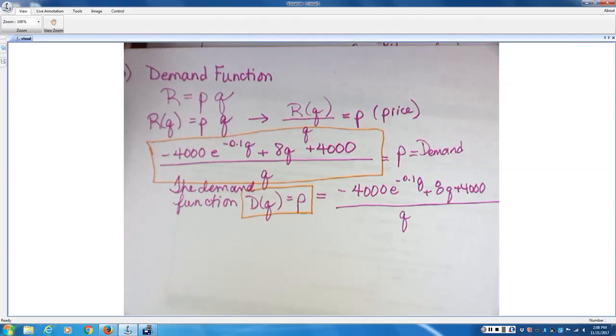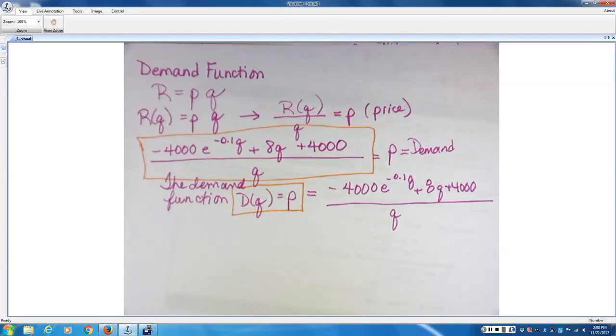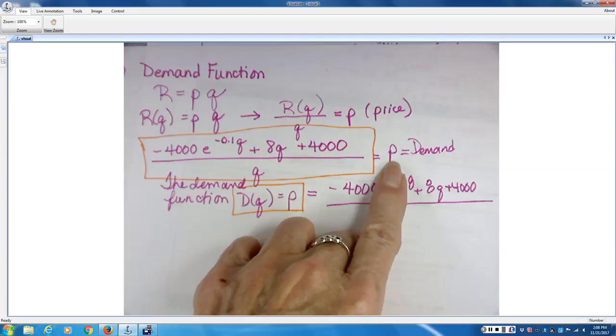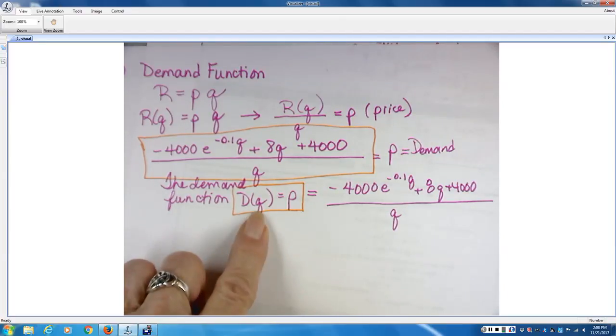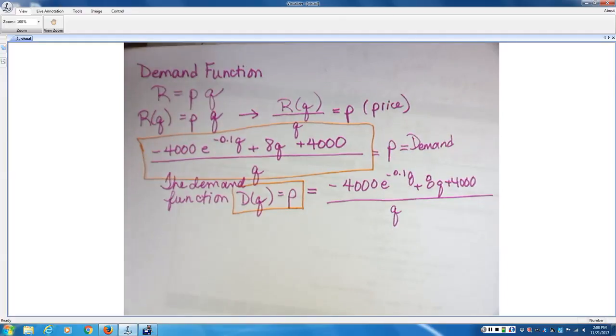Questions? Why is the price equal to demand? Because the price determines what quantity is demanded. So it's a function of the price, okay? If you know what quantity is demanded, then that's going to set a price. Okay.